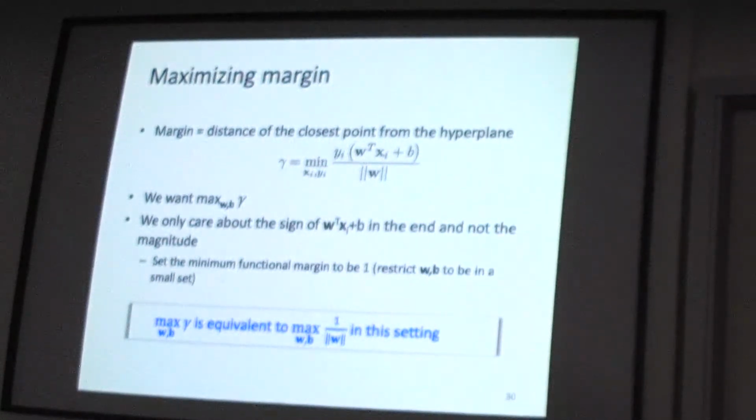And then when I divide W, b by 3, what's the minimum value of the functional margin? It becomes 1, right? Does it make sense? W over 3, b over 3 corresponds to an equivalent classifier to W, b. So you do not lose anything by using W over 3, b over 3 instead.